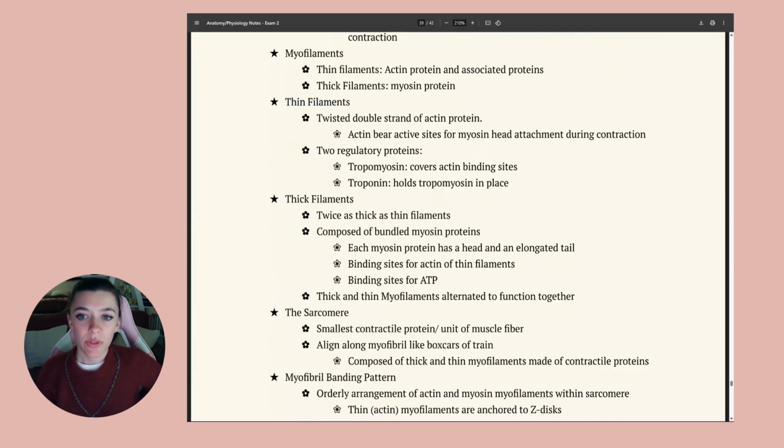They're a twisted double strand of actin protein, and those bear active sites for myosin head attachment during contraction. Two regulatory proteins are tropomyosin and troponin. Tropomyosin covers the actin binding sites, and then troponin holds tropomyosin in place.